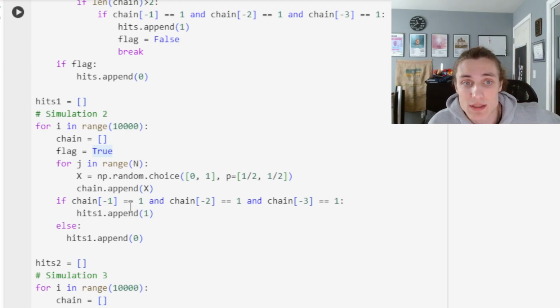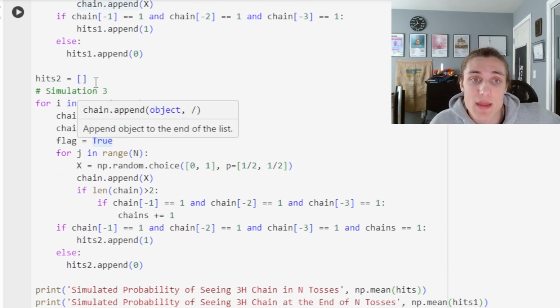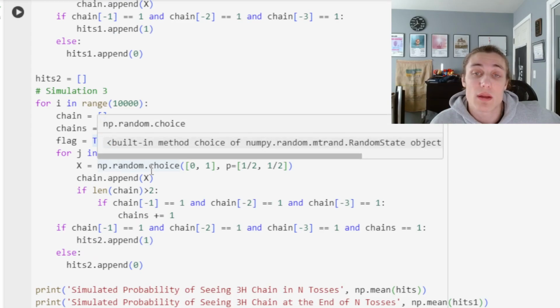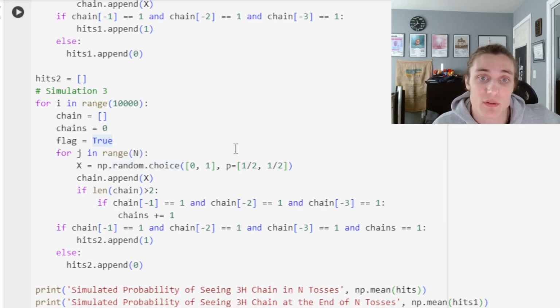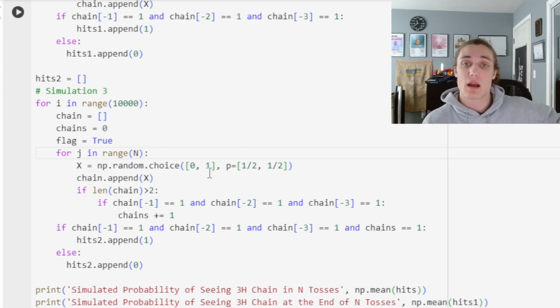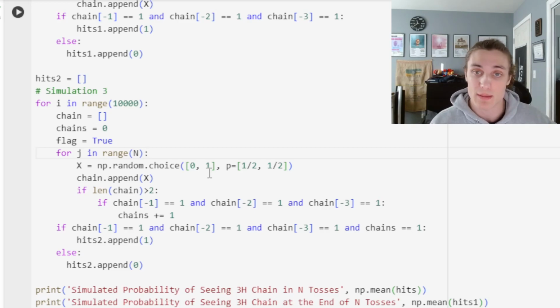So in our last 3 tosses, did we see a chain of 3 heads? And then simulation 3 is saying, if we saw that last chain of 3 heads in our last couple tosses, was that the first time we saw it? What's the probability of that? If you go back to the handwritten notes, this is the analog of questions 1, 2, and 3.